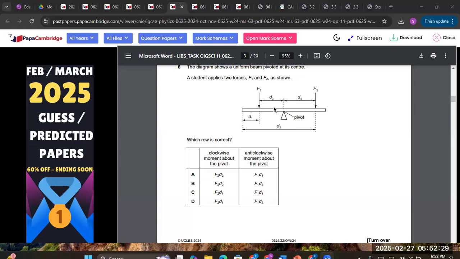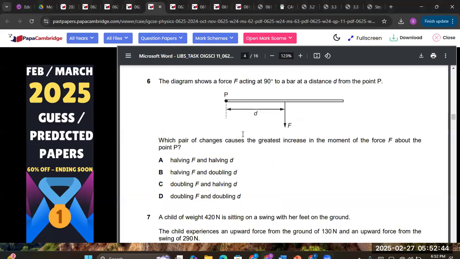F2 into D4. This will be clockwise. Follow the arrow down, turns towards the pivot. Yes, okay. And F1 into D3. Yes, you are correct. Okay, take a look at this.